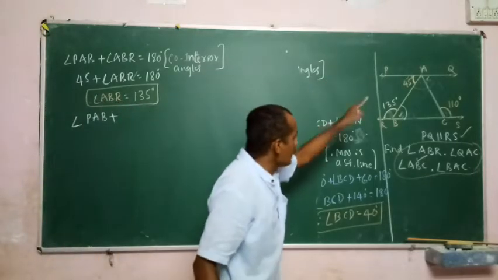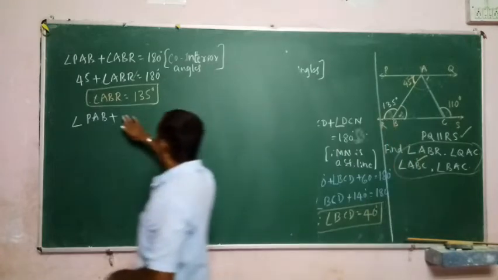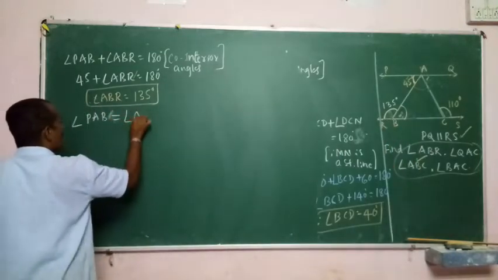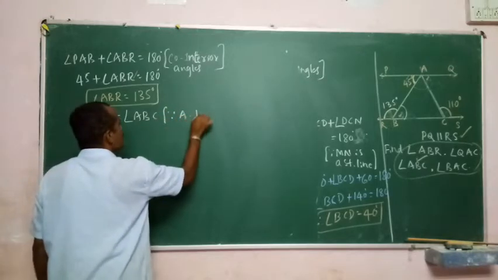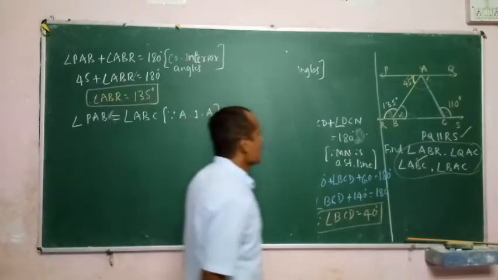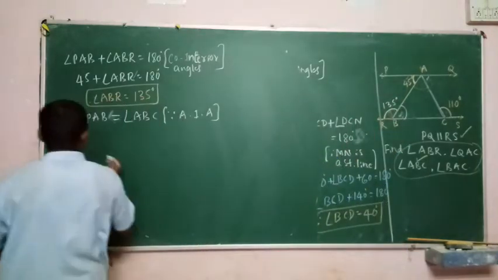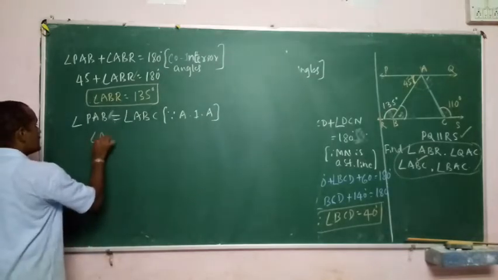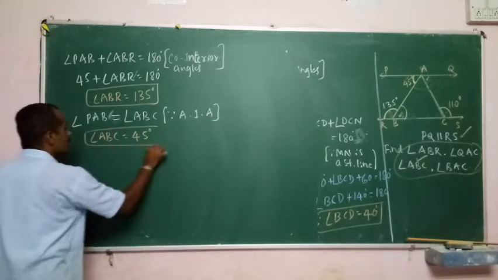When those two are equal, I can say angle ABC is equal to 45 degrees.